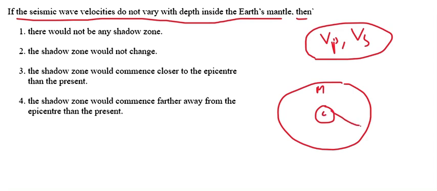Here we're getting our S wave at 103, and we have one more at 143 or near that, something like that. This is the shadow zone for P wave, and 103 to 180, this whole is for S wave.